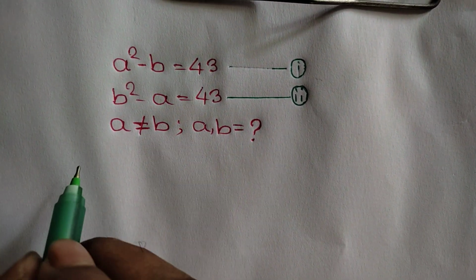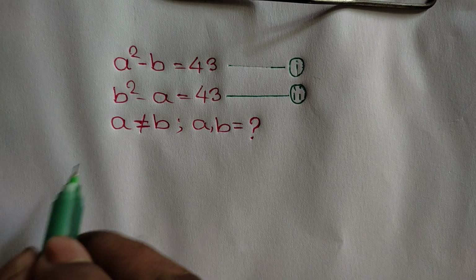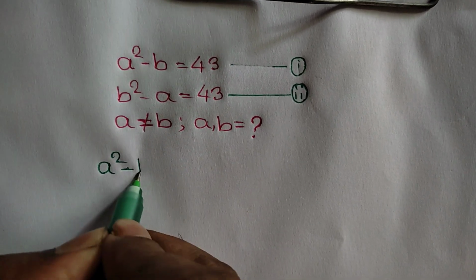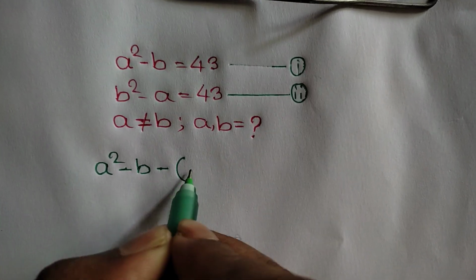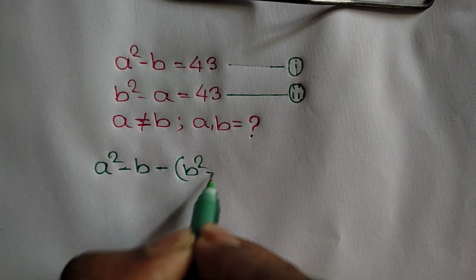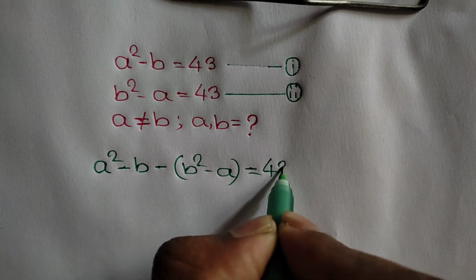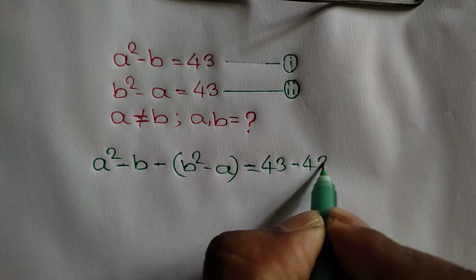Now subtracting equation 2 from 1, we can write a square minus bracket b square minus a is equal to 43 minus 43.